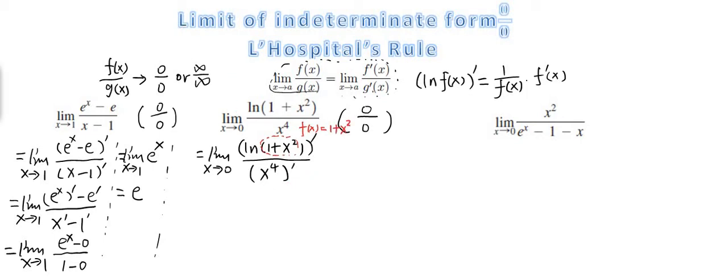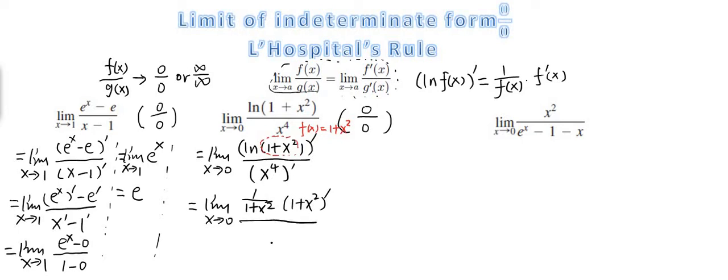So we follow this formula: 1 over f(x), that is 1 over 1 plus x squared, and f'(x) should be the derivative of 1 plus x squared.